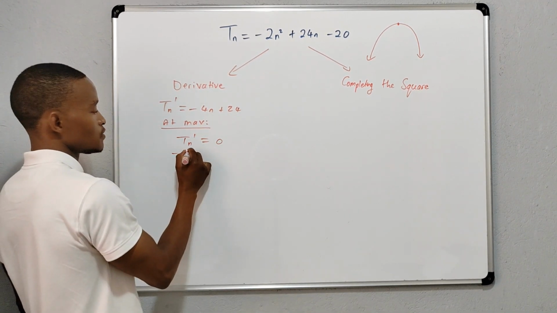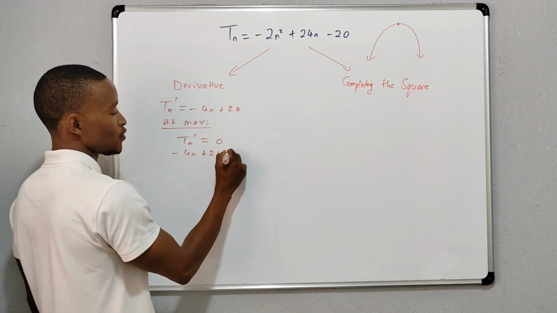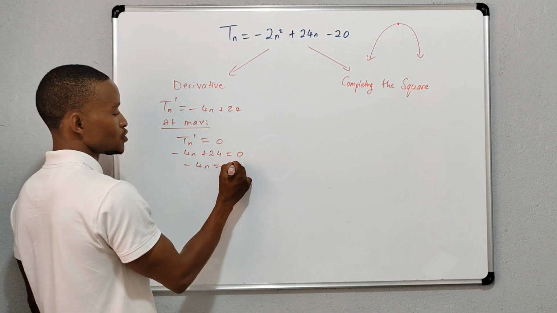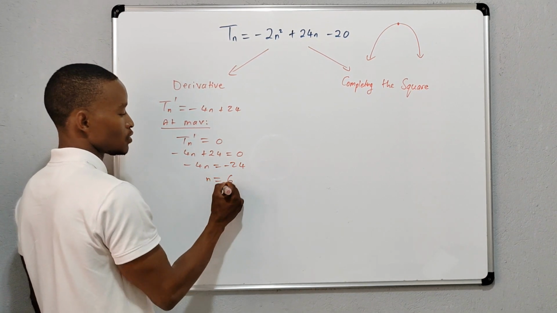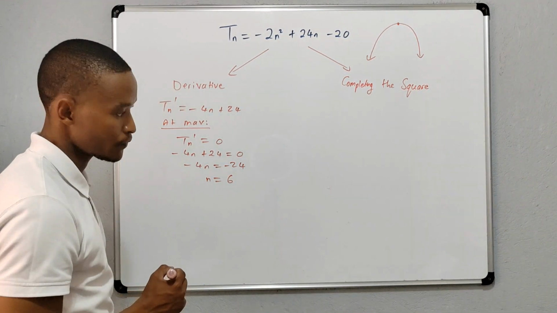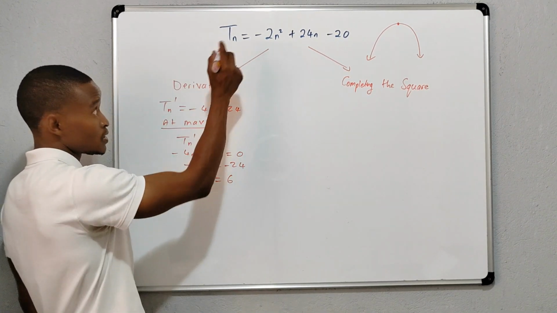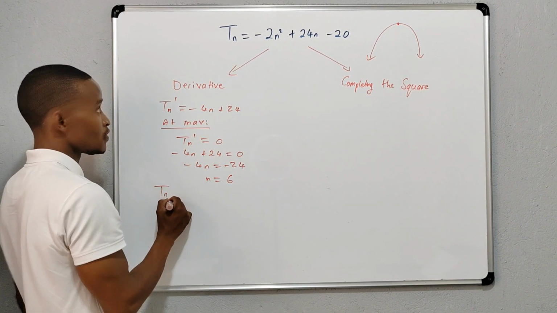Okay, so we have negative 4n plus 24 equal to 0. And if you then transpose, you'll see that n is equal to 6. Therefore, to get the maximum, we substitute the 6 back into the original formula.